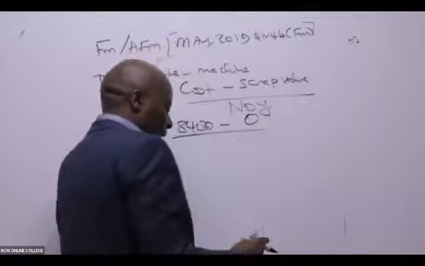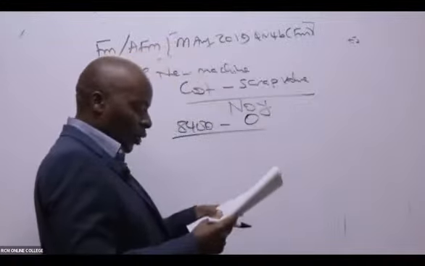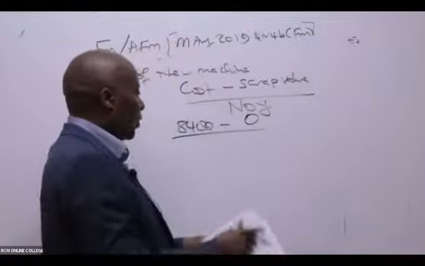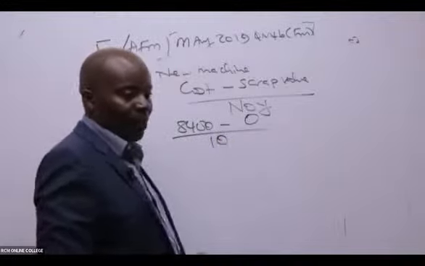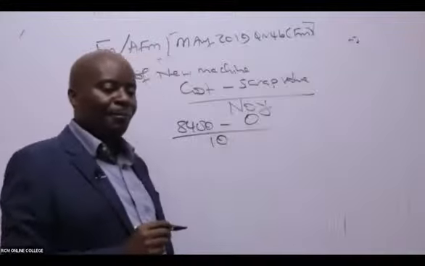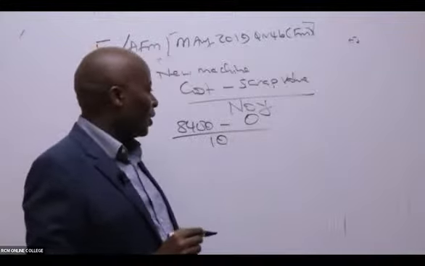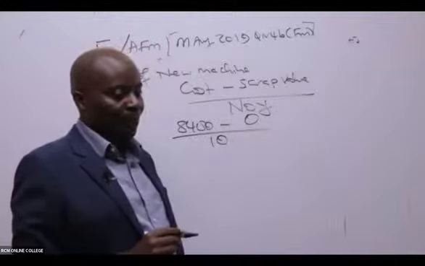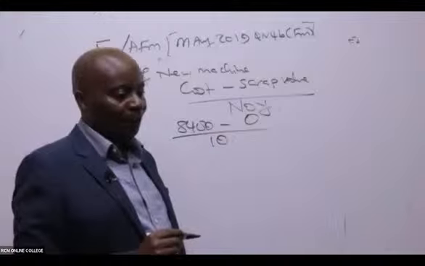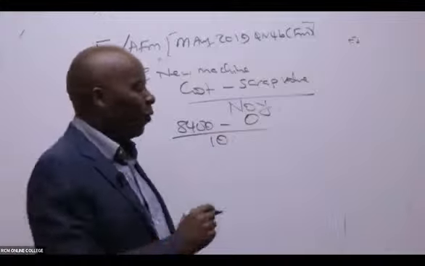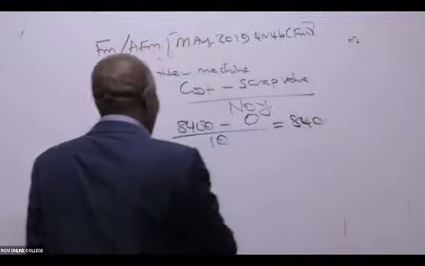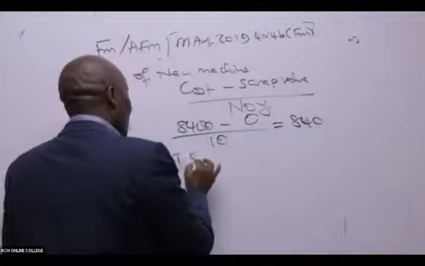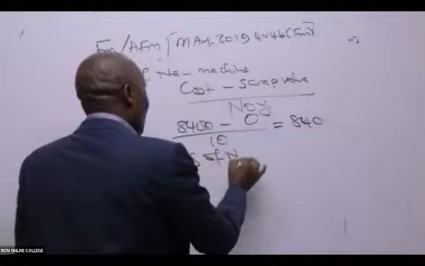Divided by how many years does it have? Number of years is 10 years. So then are you able to give me this figure? 840, 840, 840. So please go ahead and give me the depreciation tax shield of the new machine.